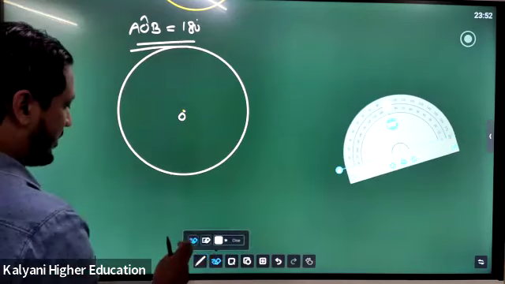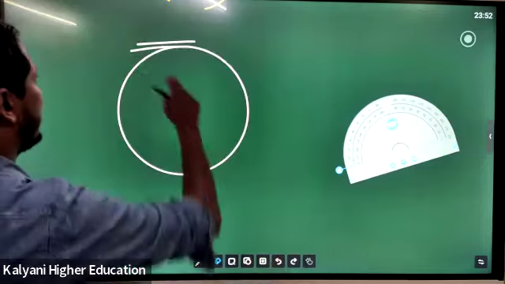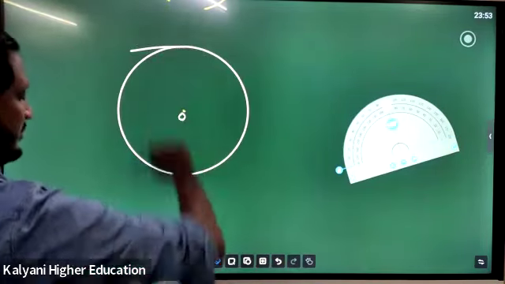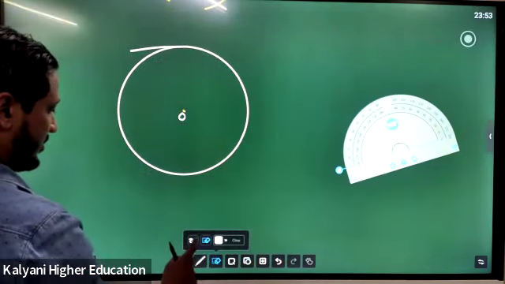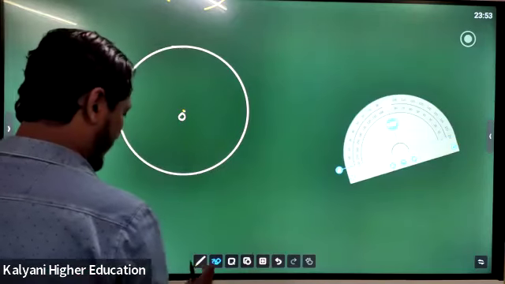After that, make a point P on the circle and join OP. Make a point on the circumference, you have to put it on the circle, right?